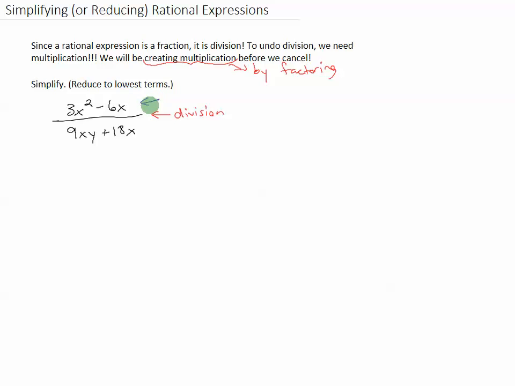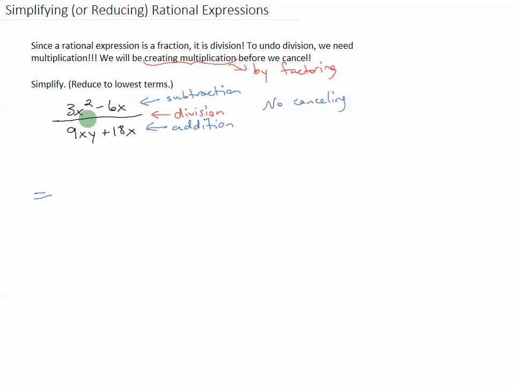But on the surface on top, we have subtraction. So right away, we know we can't cancel. The bottom is addition, that's irrelevant. We know we can't cancel already because the top is not multiplication. So what we need to do is turn the top and the bottom into multiplication. The way to do that is to factor.